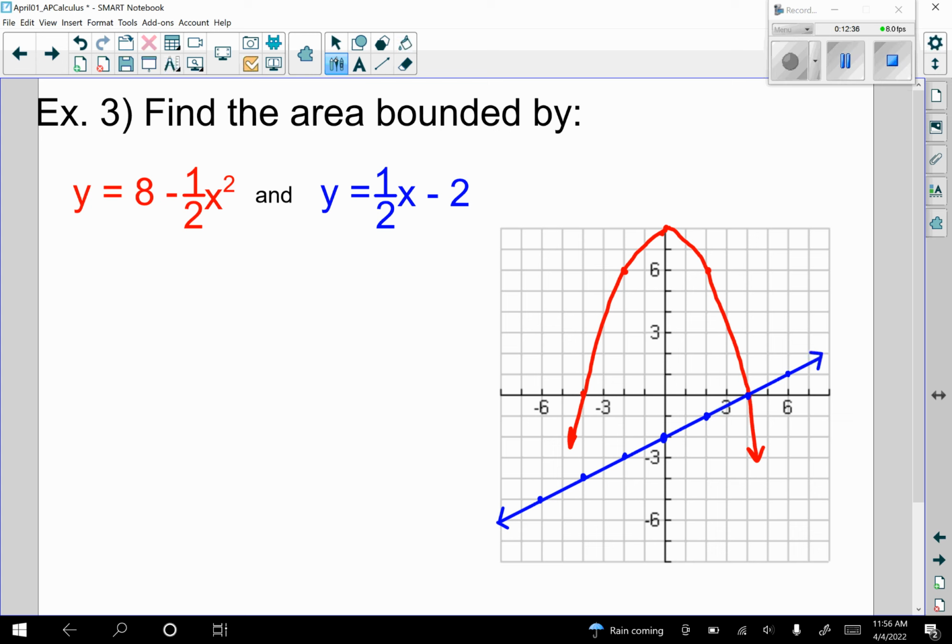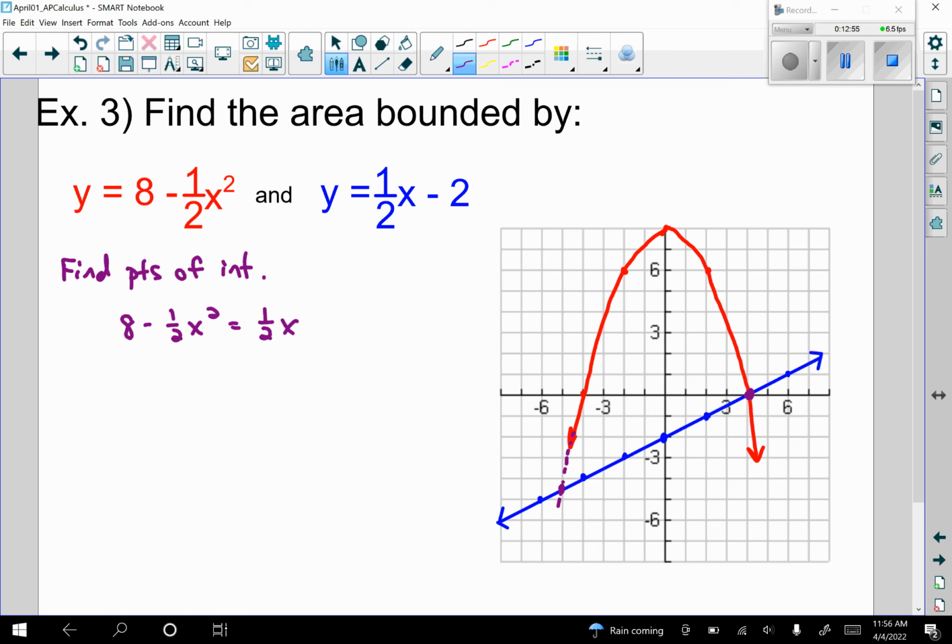All right, so what we want to be very careful about here is the points of intersection. We have a nice one right here, but we need to know where this one is going to intersect precisely. So what we could do is just set both of these equal to each other. So let's find points of intersection here. I'm going to go ahead and just multiply the whole equation by 2.